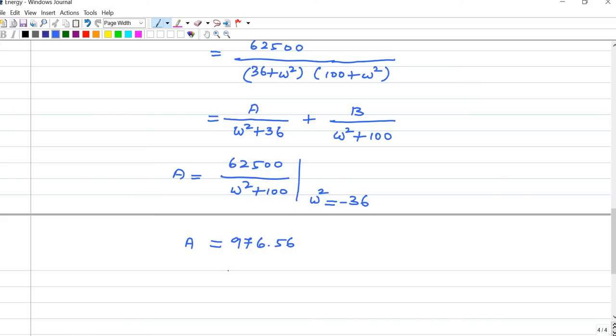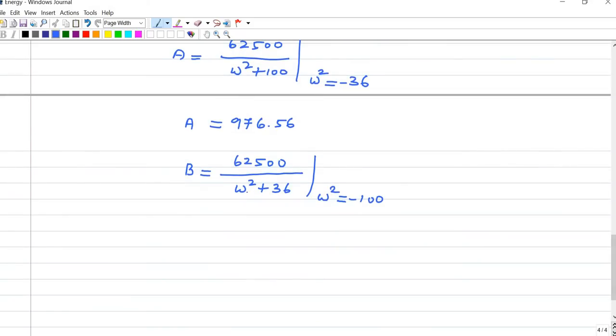You just check whether you are getting this answer. Then B is 62500 divided by omega square plus 36. Now I am going to substitute omega square is equal to minus 100. So when you substitute minus 100 plus 36, it's minus 64 in the denominator. So same answer, but there will be a minus.